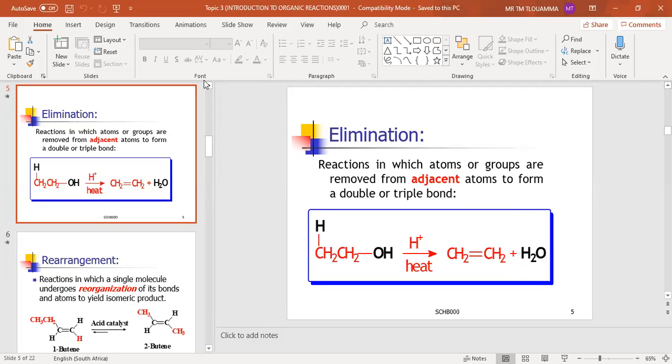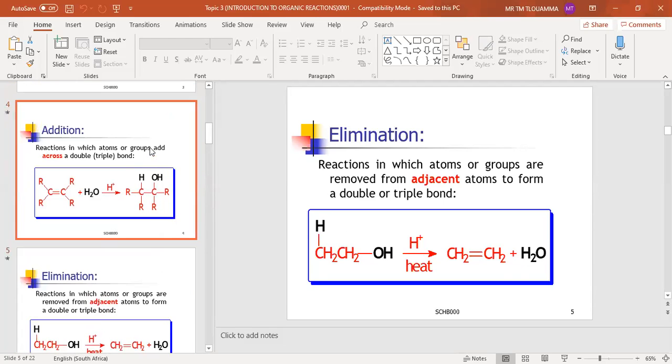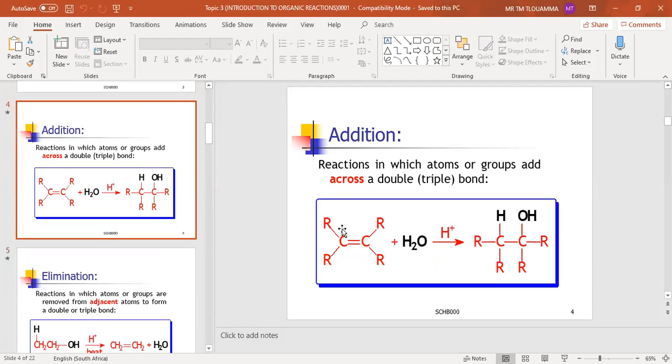But with the addition, can you see here? We have water here as our reactant, reacting with this compound of double bond, and then to form a single bond across there. Yes, to form a single bond.